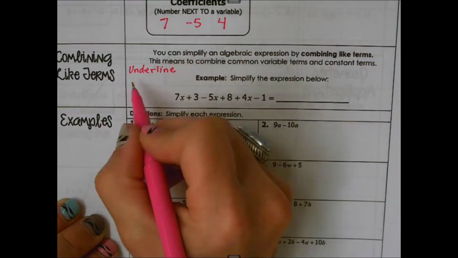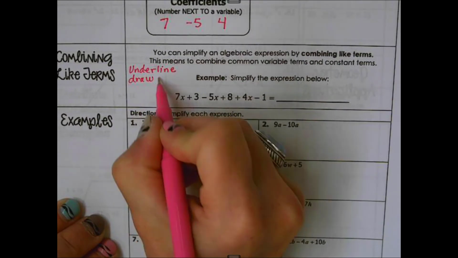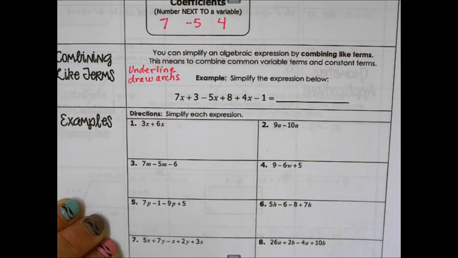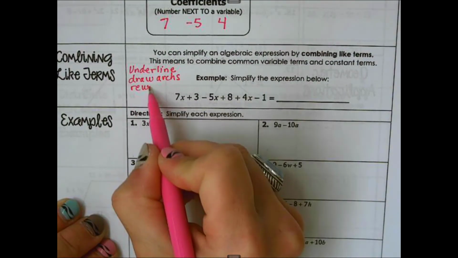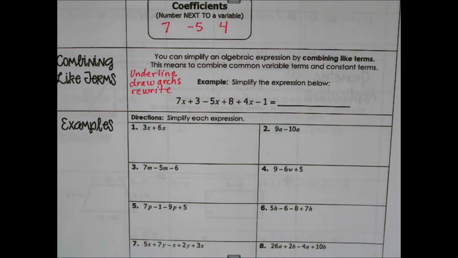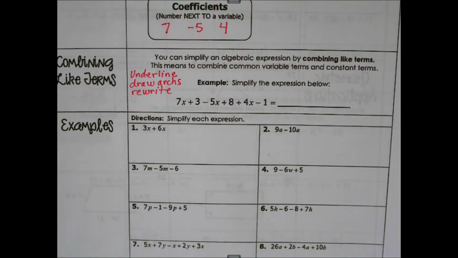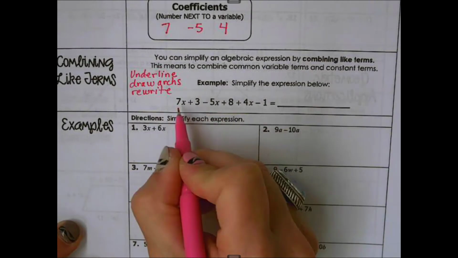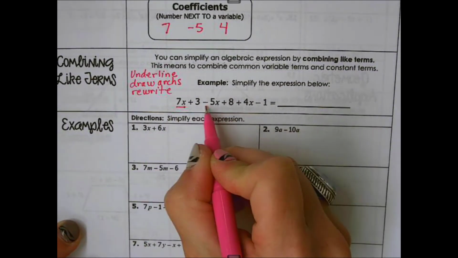Another way is just to draw arcs to those like terms. Another way is to rewrite. You just need to find the method that works best for you. I'll try to show you each of those, and whatever suits you best, you make sure that you do that. I'm going to do the underline.